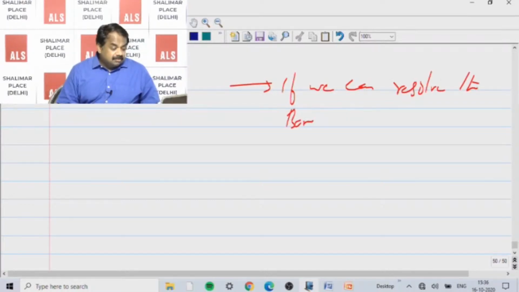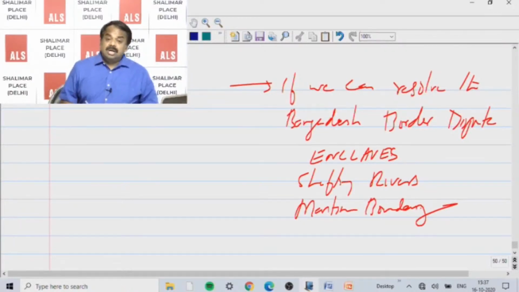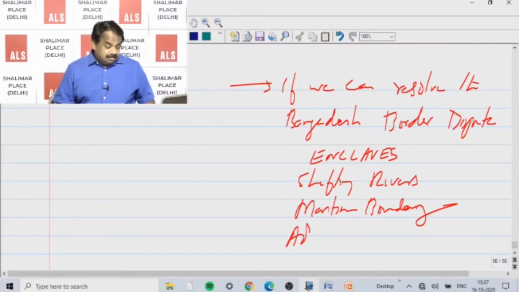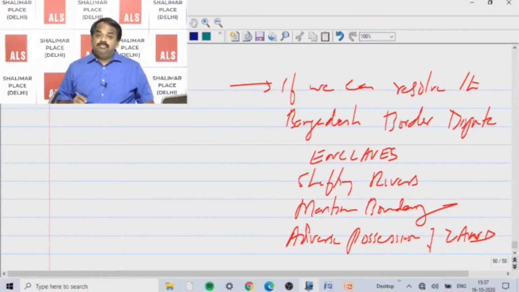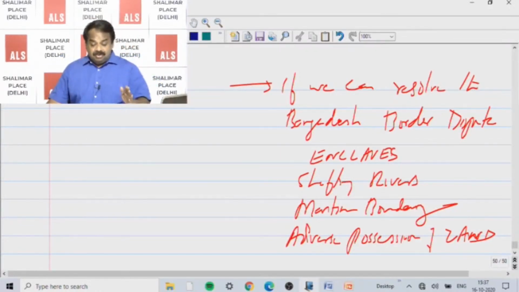If we can resolve the Bangladesh border dispute, where too many problems were there, enclaves, shifting rivers, issues related to maritime boundary, and adverse possession of land, we can definitely resolve it with Nepal.